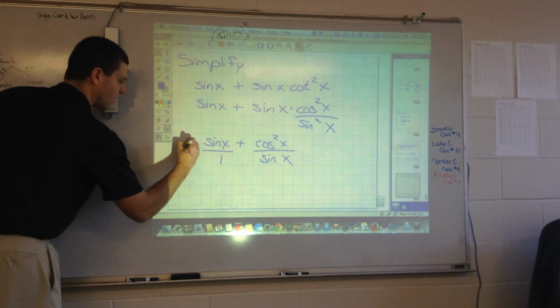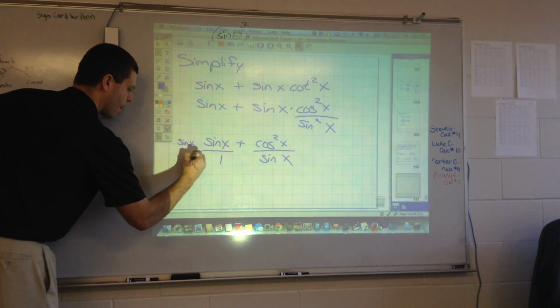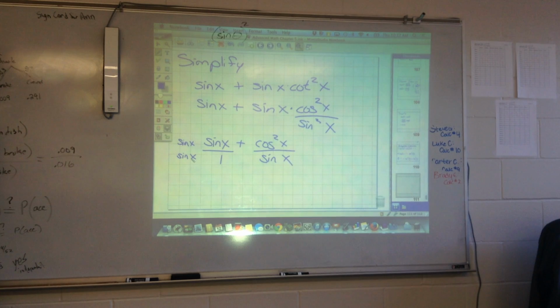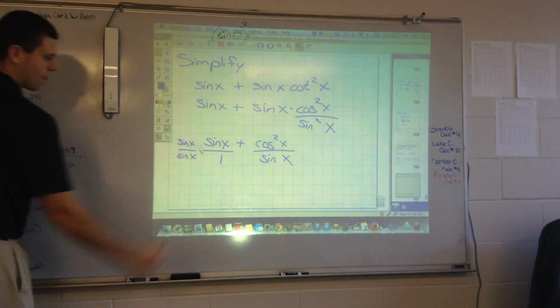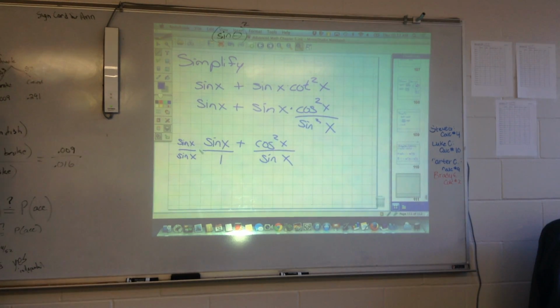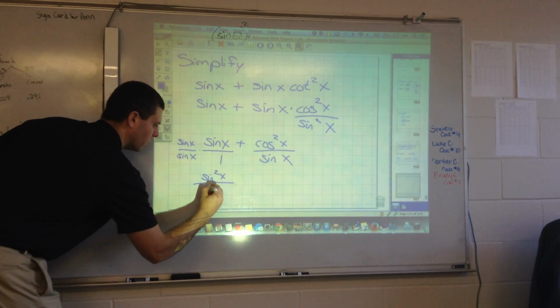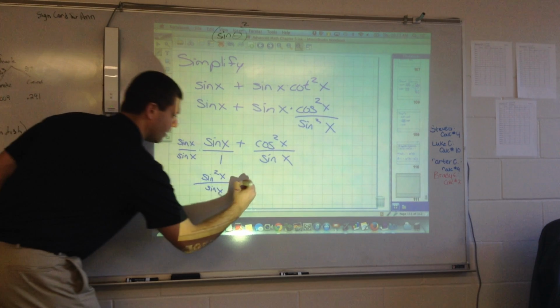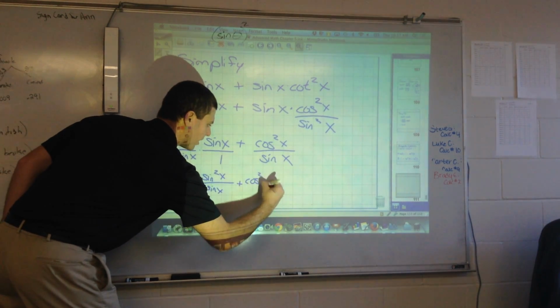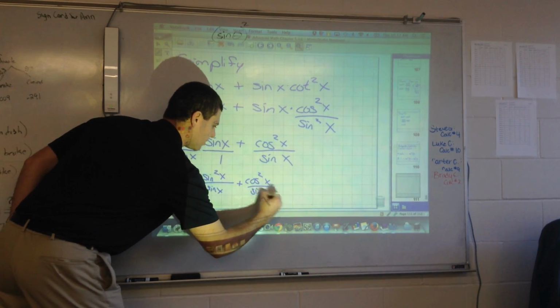So you get sine squared x over sine x, because I'm not changing anything, right? When you multiply the top and the bottom of the fraction, I don't change the value of the fraction. So now I have sine squared x over sine x plus cosine squared x over sine x.